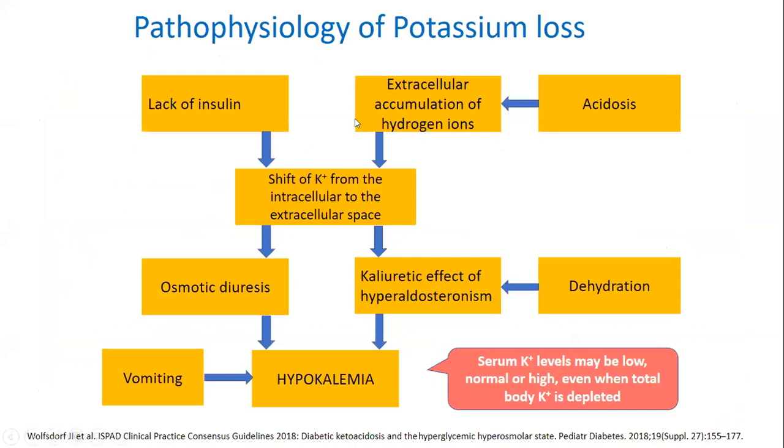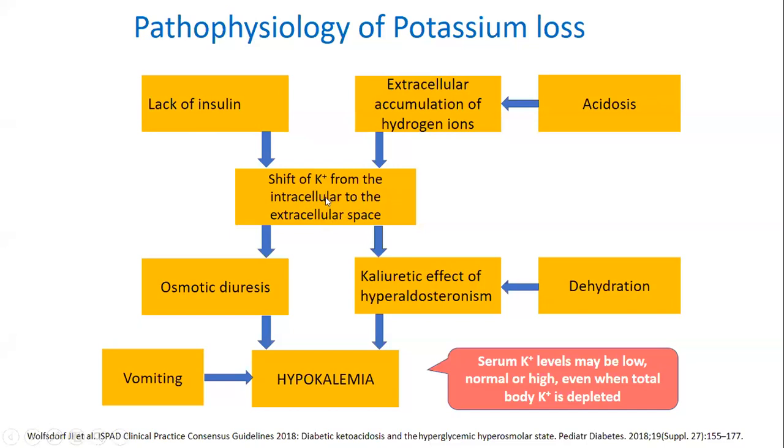So the other pathophysiology we want to look at is potassium loss. We've said during the osmotic diuresis, you also lose electrolytes, and the main electrolyte that is lost is potassium. So one, lack of insulin will lead to a shift of potassium from the intracellular to the extracellular space.